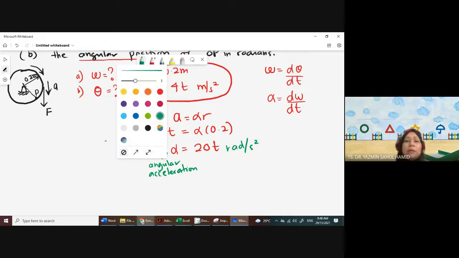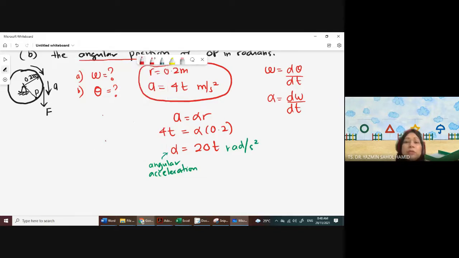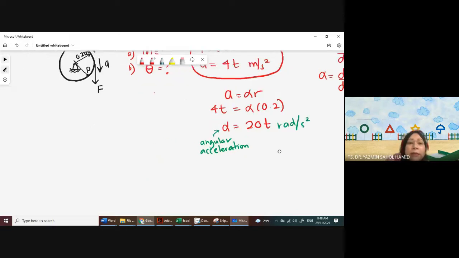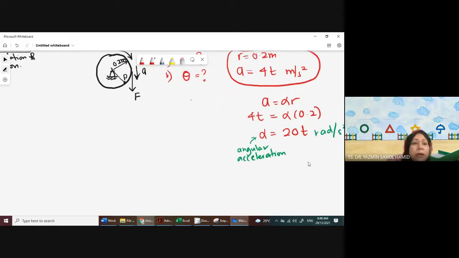Okay, good. Now, how to solve this question? For this question, it wants omega, but right now we only have alpha. How do we get omega? Remember what I taught earlier, from position to velocity to acceleration. If you want to find velocity from position, you need to differentiate.